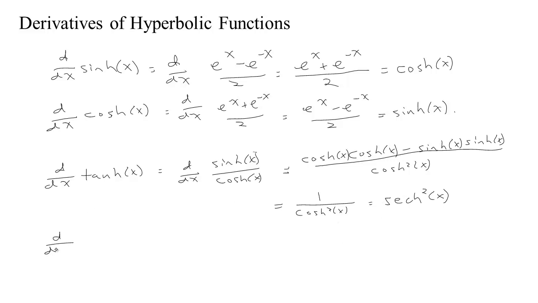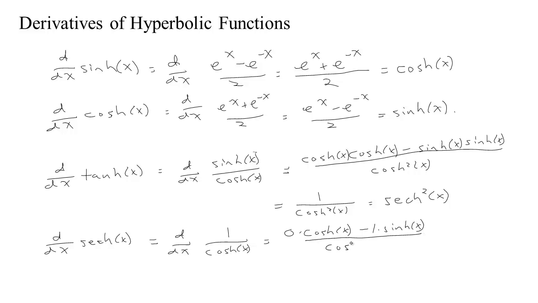Let's look at another one. Let's take the derivative with respect to x of the secant. We're really talking then about the derivative with respect to x of 1 over the cosine. I guess we could do that by the quotient rule. The derivative of the top is 0 times the bottom minus the top, which is 1, times the derivative of the bottom, which is the sine, all over the bottom squared.